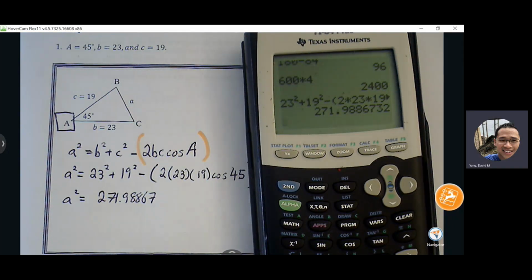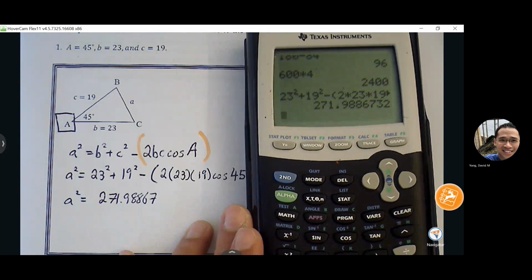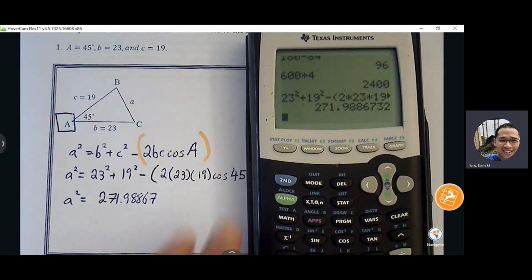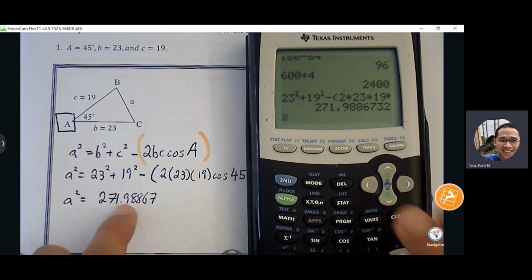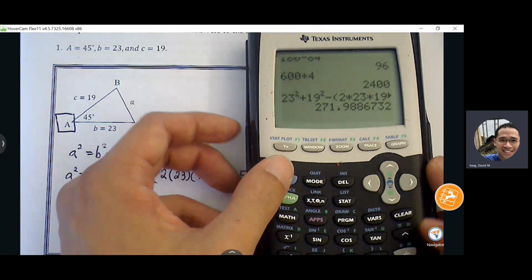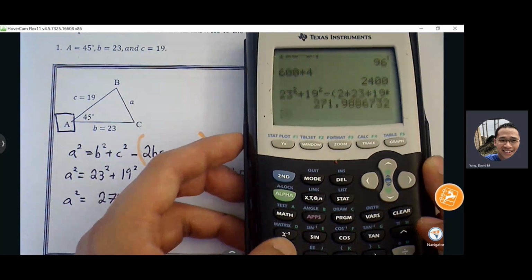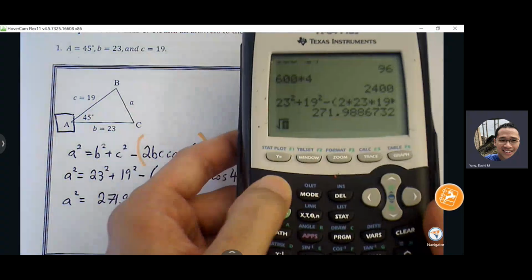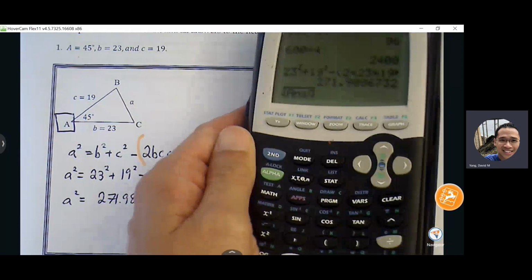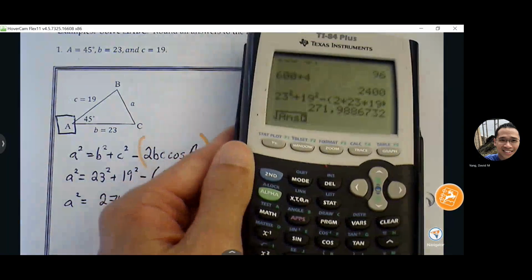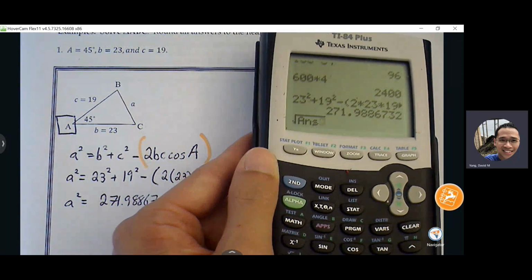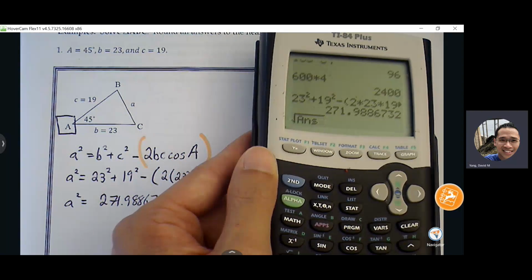So what happens after this? We still have to take the square root. Now, this is my preference: if you do square root, second negative sign, it'll pull the previous entry, and that way your calculator will be as accurate as possible.